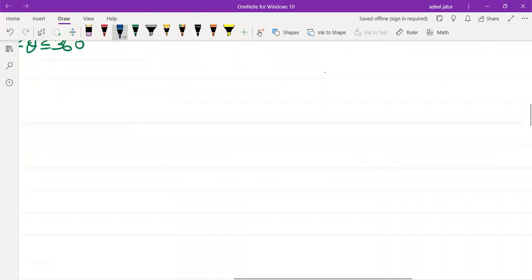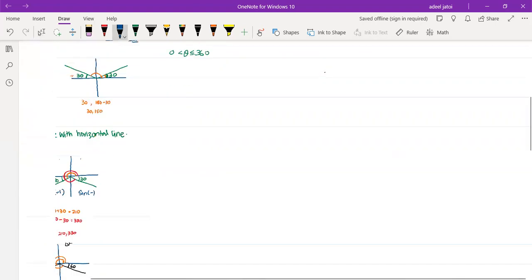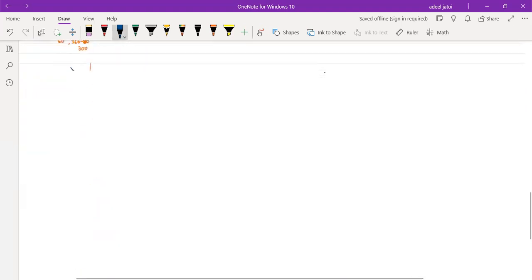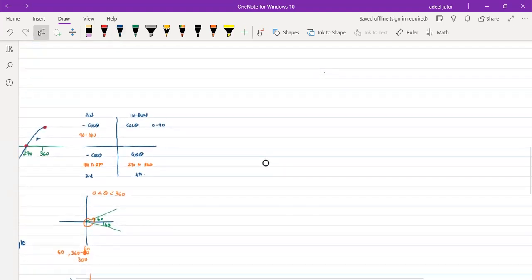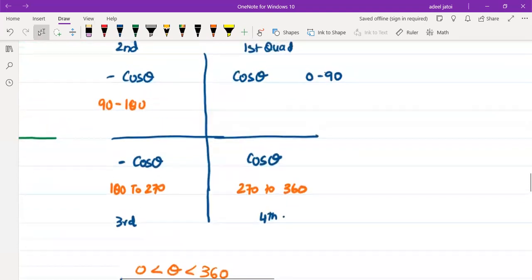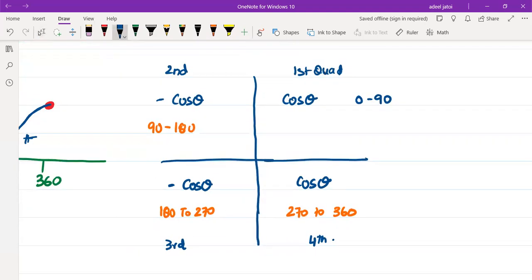Similar case is with cos. What we do here is, your first quadrant is theta. Your second is 180 minus theta. This is 180 plus theta, and this should be 360 minus theta.